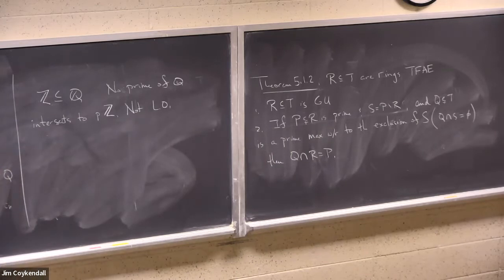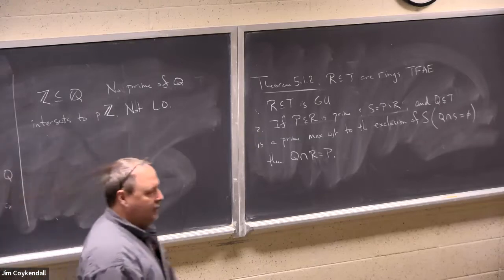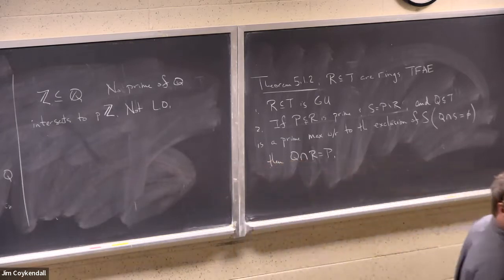Okay, so let me point out, this kind of theorem always bothers me a little bit because I want to make sure that I'm on the right page here. The obvious question that springs to mind is, suppose Q is a prime maximal with respect to the exclusion of S. Does this exist?